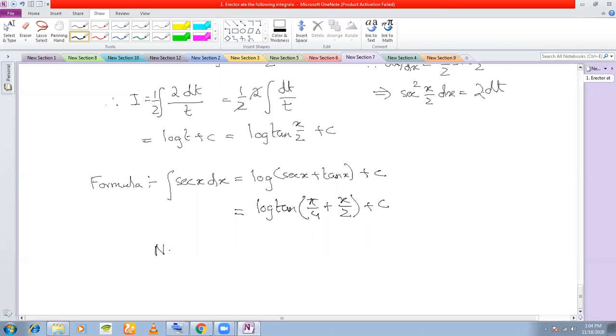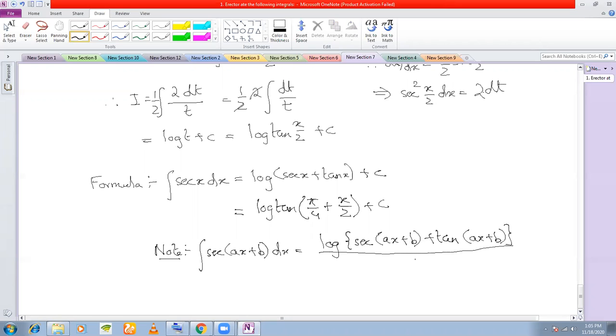Note, if instead of sec x you have sec of ax plus b, then you can write this as log sec of ax plus b plus tan of ax plus b, whole divided by the derivative of ax plus b, which is a.